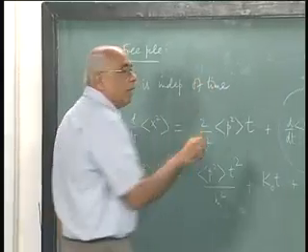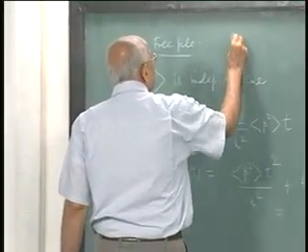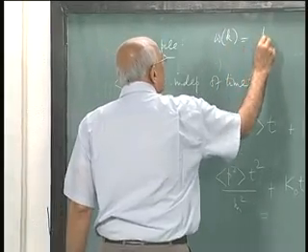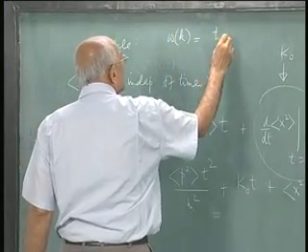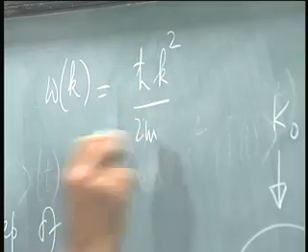So if I write the energy as h cross omega, the angular frequency omega in the wave picture, and the momentum as h cross k, where k is the wave number, then I get omega of k equal to h cross k squared over 2m. So there is a quadratic relationship, and this immediately means that d omega over dk is not equal to omega over k. Therefore the group velocity is not equal to the phase velocity, and different wave numbers would propagate with different speeds.